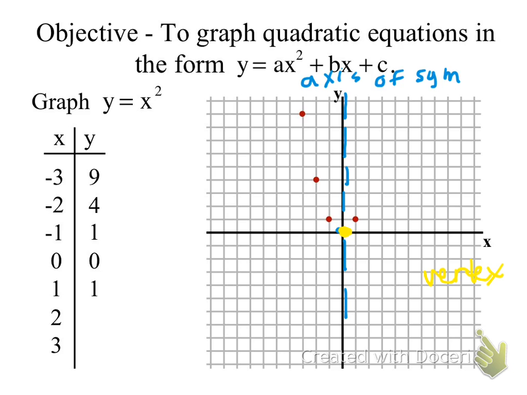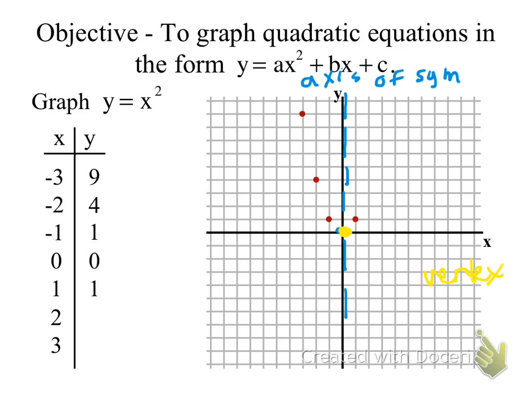Now, the gift in the parabola is that you have matching points. If you have an axis of symmetry, that means it cuts the parabola in half. And once I've reached my minimum here at 0, 0, then I know everything opposite is going to be a matching point to the other side of the axis of symmetry.